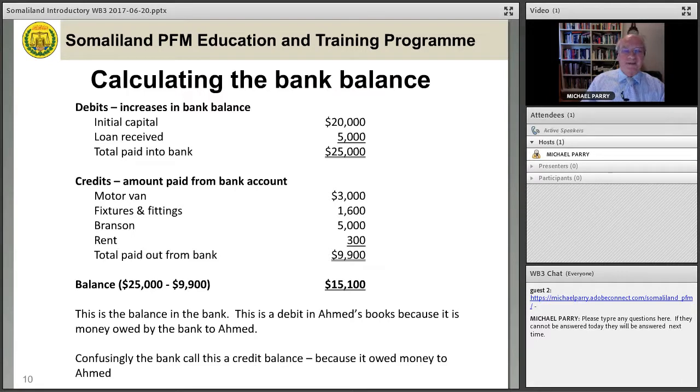$15,100. Now, bank accounts present a particular problem of understanding because it is normal to refer to a bank account as being in credit if you have money in your bank, whereas we're saying that it's a debit balance.